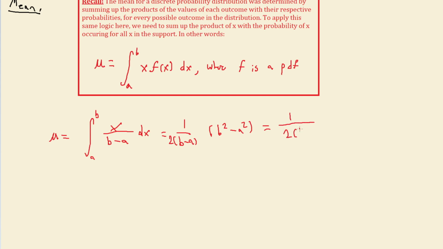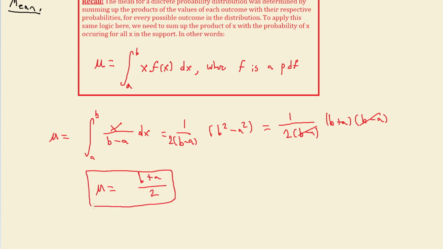It's 1 over 2 times (b minus a) times (b plus a) times (b minus a). And these now cancel, and we're left with the mean equal to (b plus a) over 2. And so the mean of our uniform distribution is just (b plus a) over 2, where b and a are the bounds of the support.